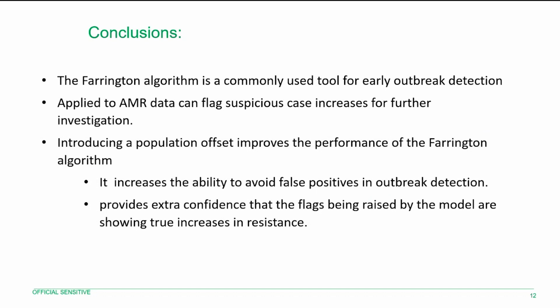What I showed is that introducing a population offset improves the performance of the Farrington algorithm. It increases the ability to avoid false positives in outbreak detection, but also provides extra confidence that the flags being raised by the model are showing true increases in resistance.